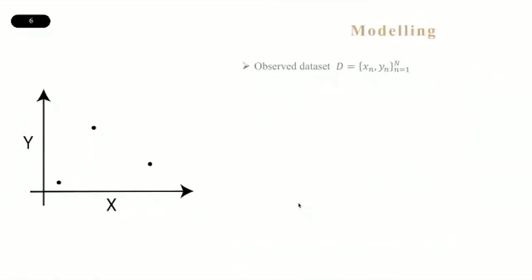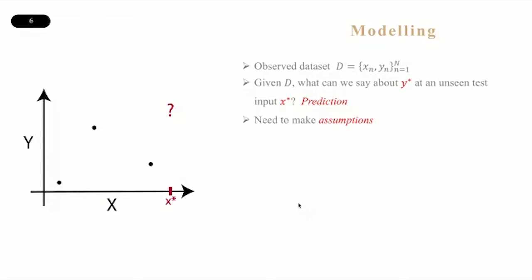Another example: imagine that I observe this data, as I see on the left side of my slide. These are two-dimensional X and Y data. Now the question that I ask is, what can we say about the unseen Y at an unseen input X? So I need to make a prediction. But before that, in order to make the prediction, I need to define my model. So I make an assumption. I look at the plot and say, this looks like a linear regression.